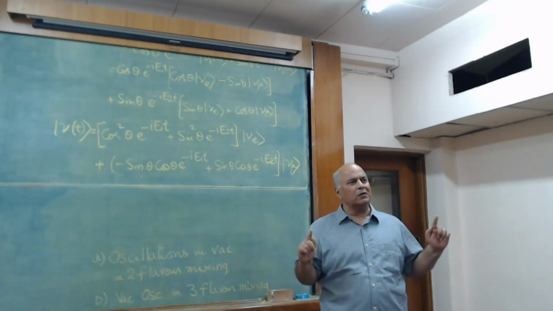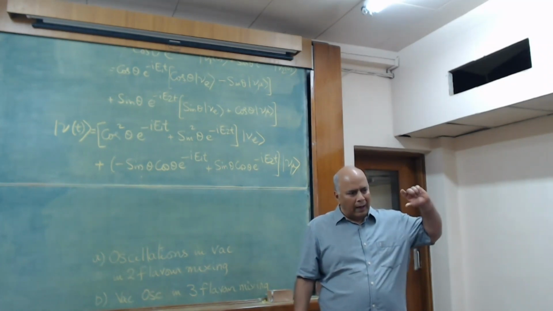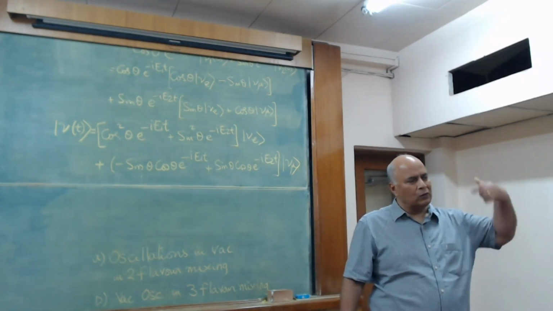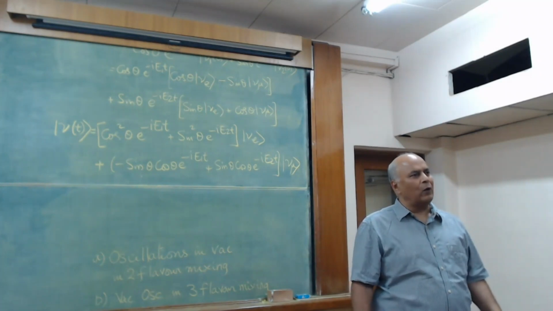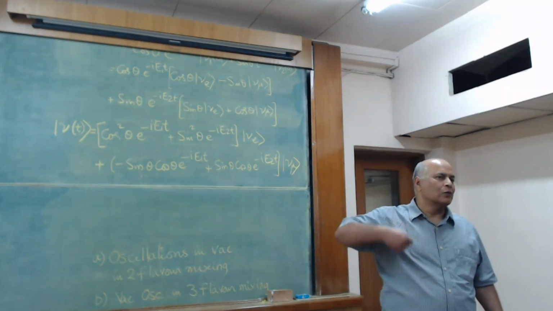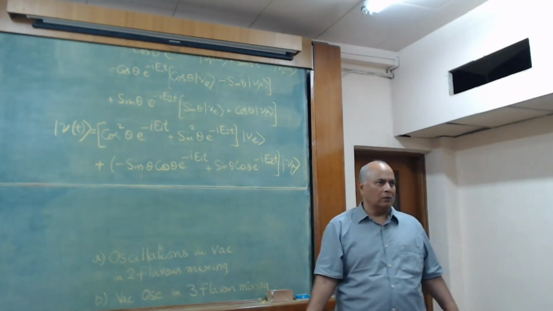The issue is I have the quantum mechanical uncertainty associated with production of electron, or the quantum mechanical uncertainty associated with the production of muon.